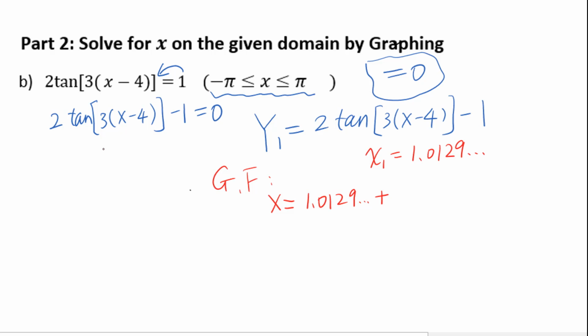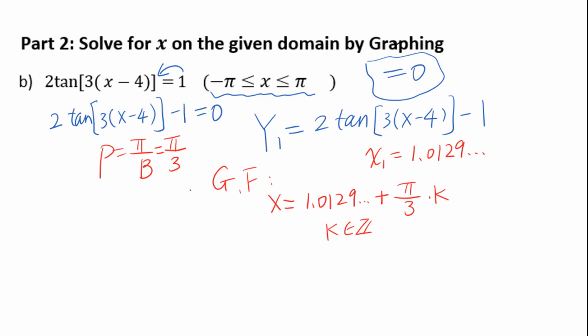The period will be pi over b. The coefficient of x is 3, so we have pi over 3. Pi over 3 times k, where k is all integers.